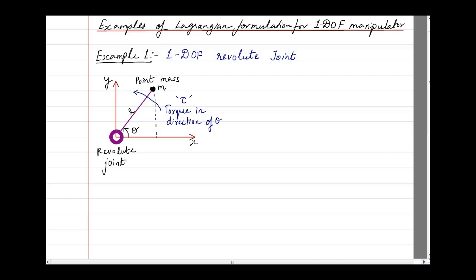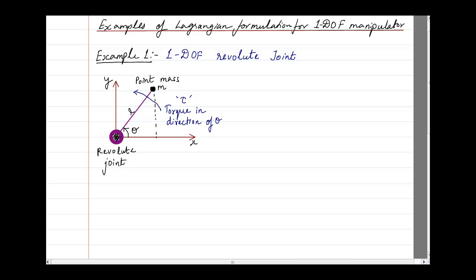What we are interested in is to find out the torque in the direction of theta, so that we understand how much torque the revolute joint will have to provide so that the mass is moved through an angle theta.